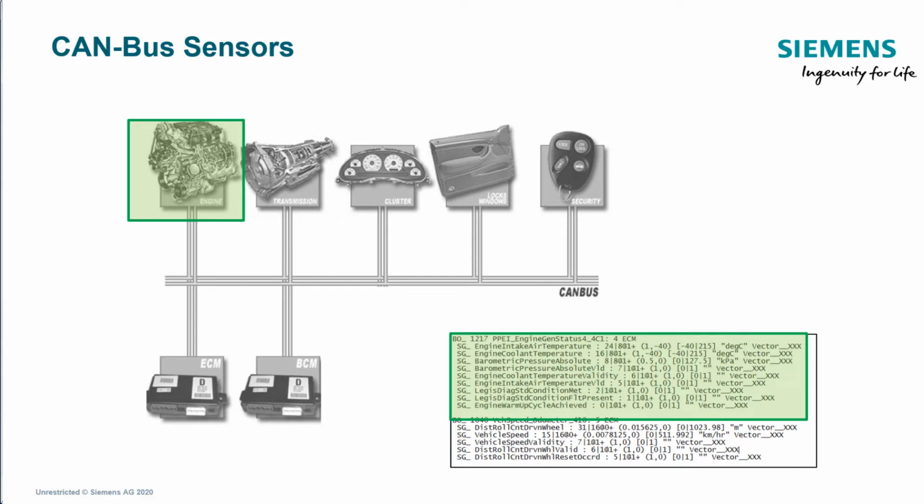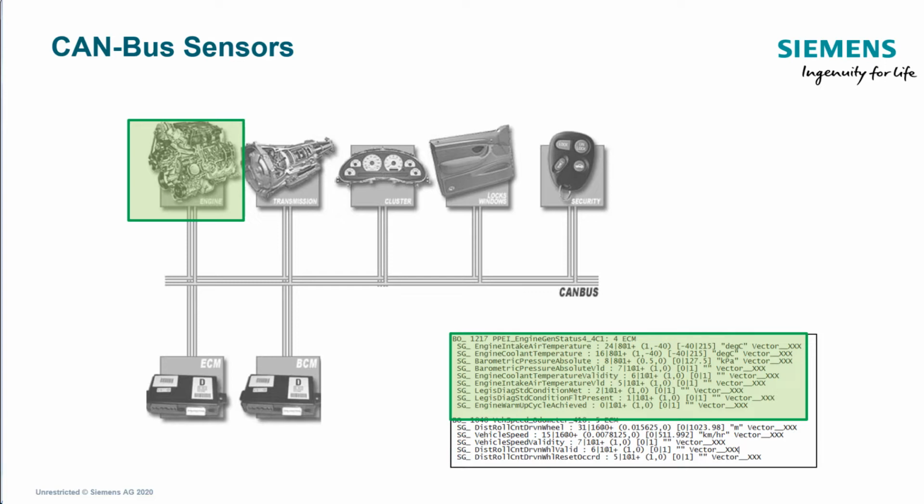So the DBC file literally lists all the signals that are being communicated over the CAN. And they're specific to a particular vehicle and to a particular powertrain configuration. You can imagine if you have a vehicle with more than one powertrain, like a 4-cylinder and an 8-cylinder, this file is different because there might be different information that needs to be communicated for that vehicle.